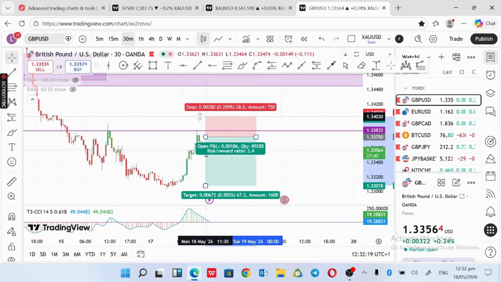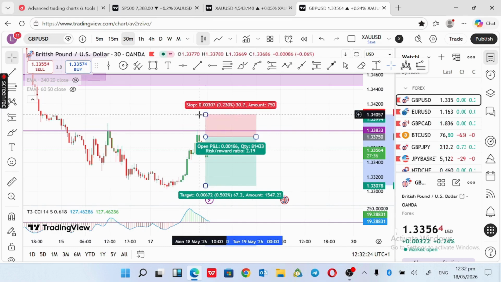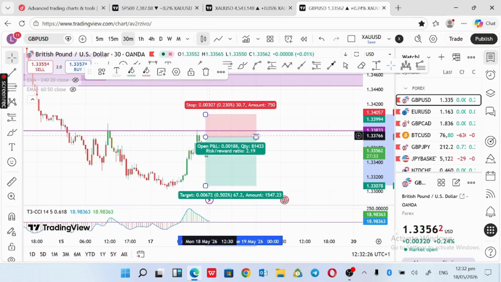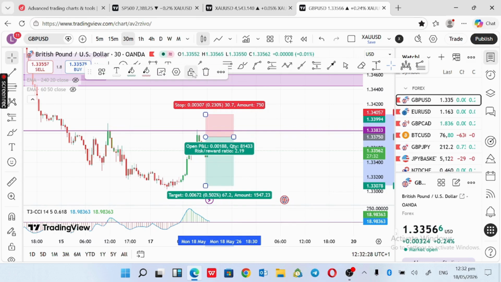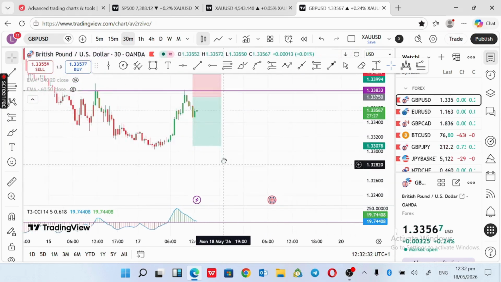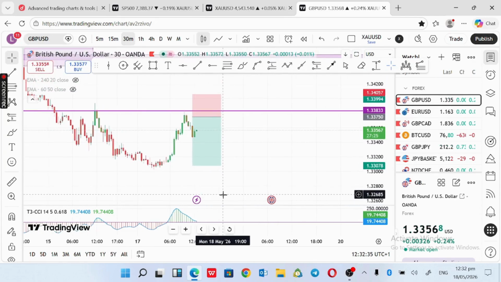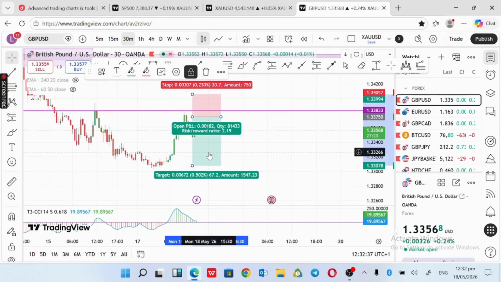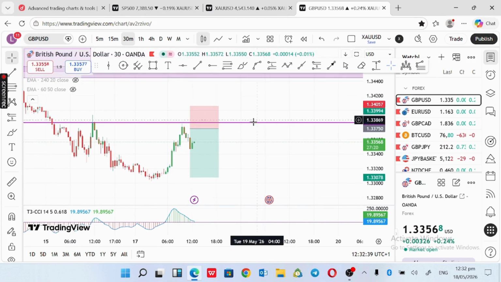We will have about 30 SL points. With this 30, we are sure of getting at least 60, 67, which is 142. So that is what the GBP USD is giving us for today.